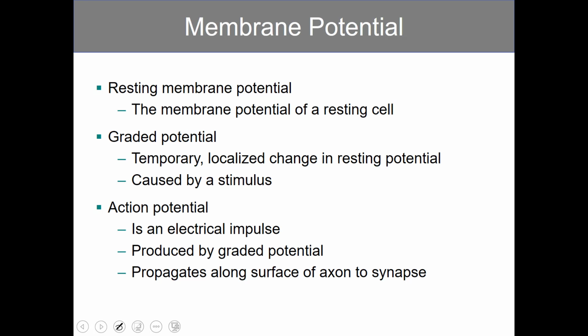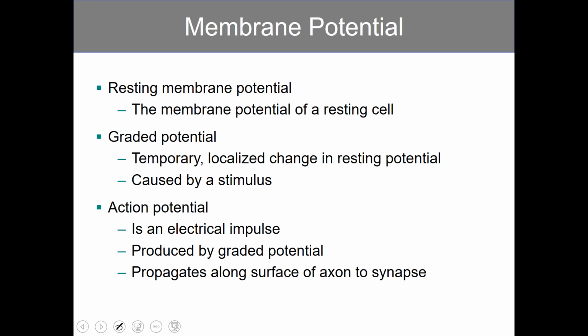The resting membrane potential of a neuron is the membrane potential of a resting cell. From the resting membrane potential, we experience graded potentials. These are temporary, localized changes in the transmembrane potential that are caused by some type of stimulus, and we'll see examples of stimuli shortly.